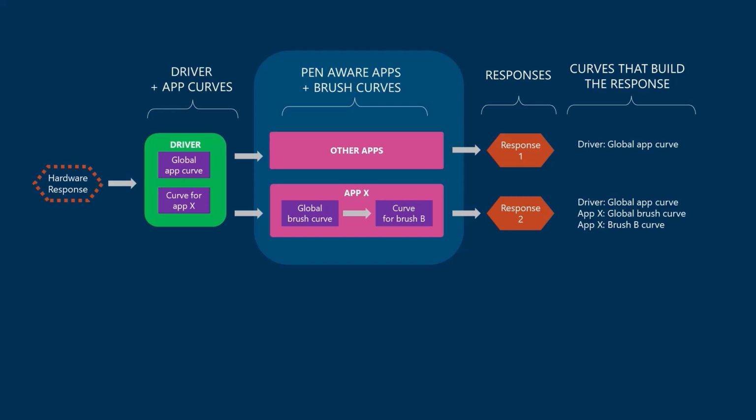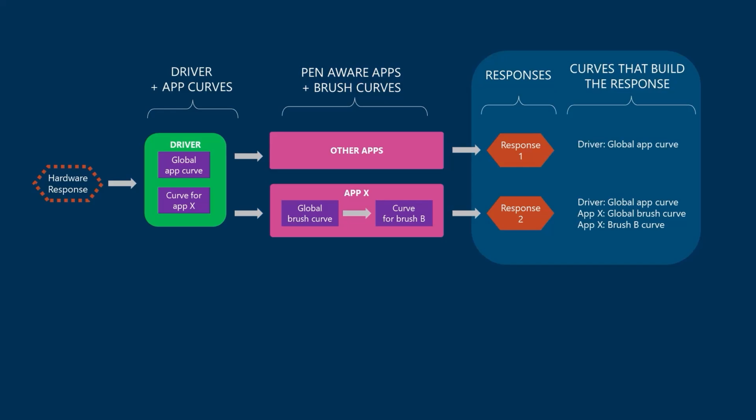So in the case of this application X, using this brush, the final pressure response is actually determined by 3 separate pressure curves. All 3 are applied. The pressure curve defined in the driver for application X, the global brush curve defined in application X, and the specific pressure curve used for brush B, also defined in application X.